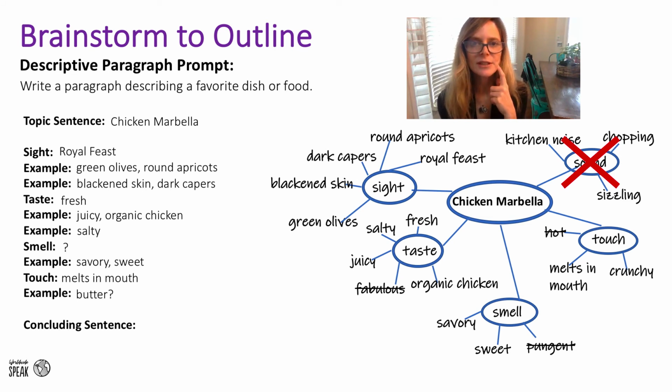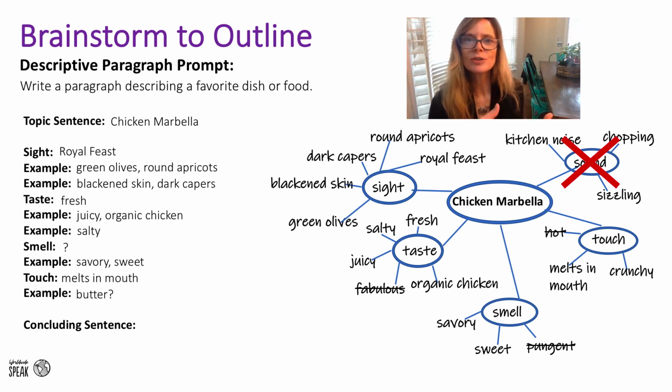And then lastly, your concluding sentence is really important, because it ends your paragraph, and you really want it to have an impact on your reader. It's important to have the reader think about your paper after they've read it.